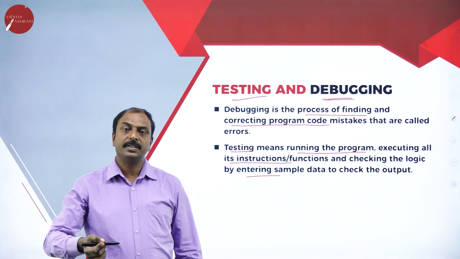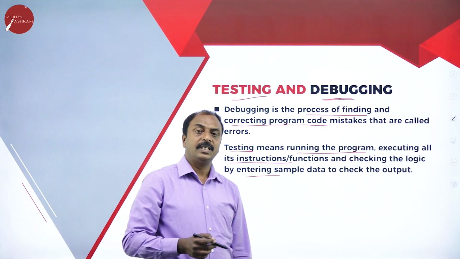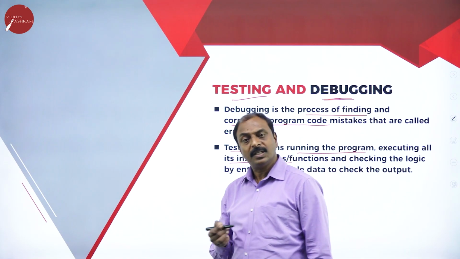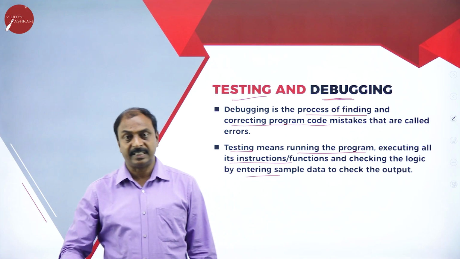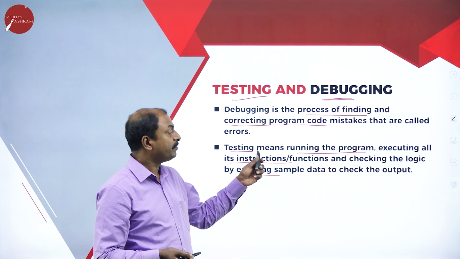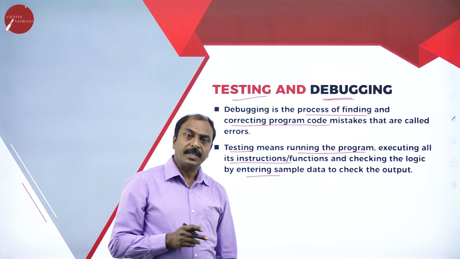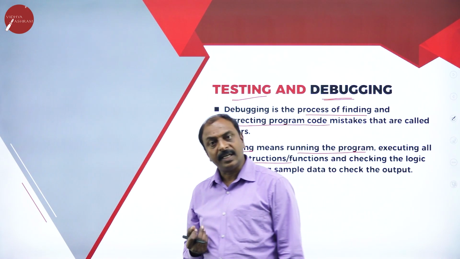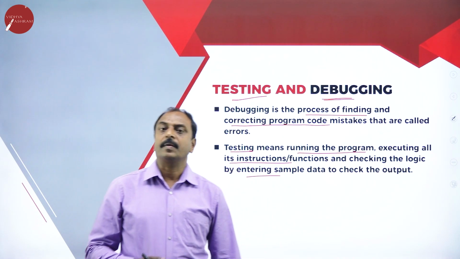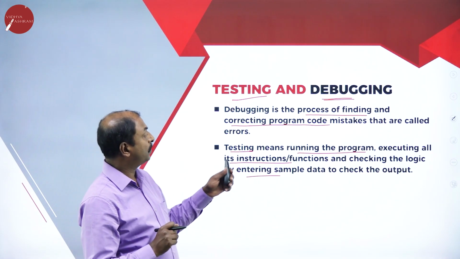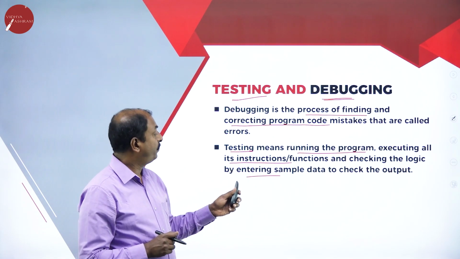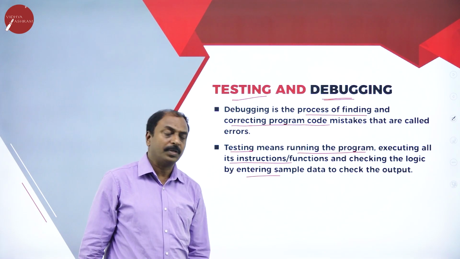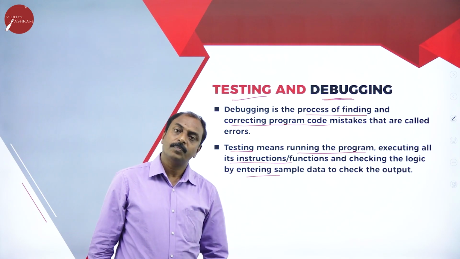Once there are no errors, we have to test the program for a proper result. Why do we have to test the program? Because we were expecting a desired result. So with this program, are we getting the desired result with different possible values? That is nothing but testing or executing our program.